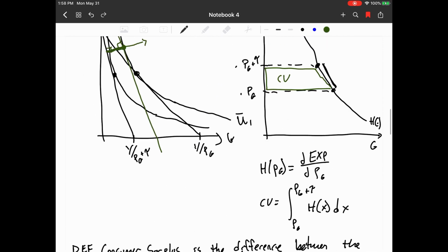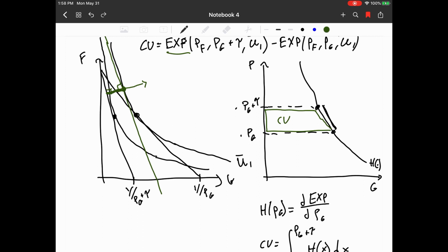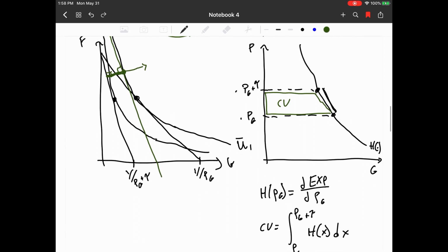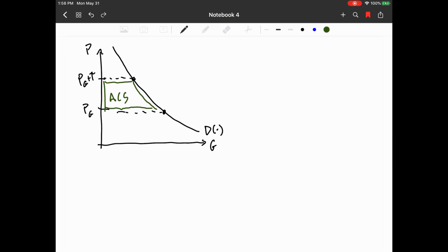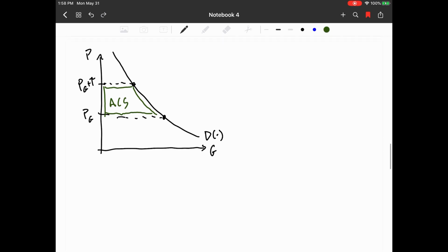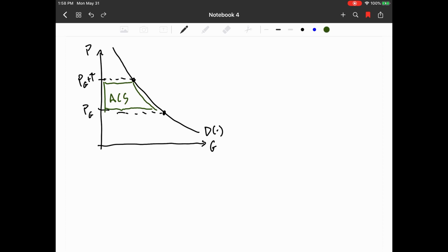And this looks really similar to what we did with compensating variation, except instead of using the Hicksian, which is accounting for the changes in expenditure, here we're just looking at the change in consumer surplus, which is the difference between what's paid and what would have been paid. Okay. And we can write out how we would calculate it.